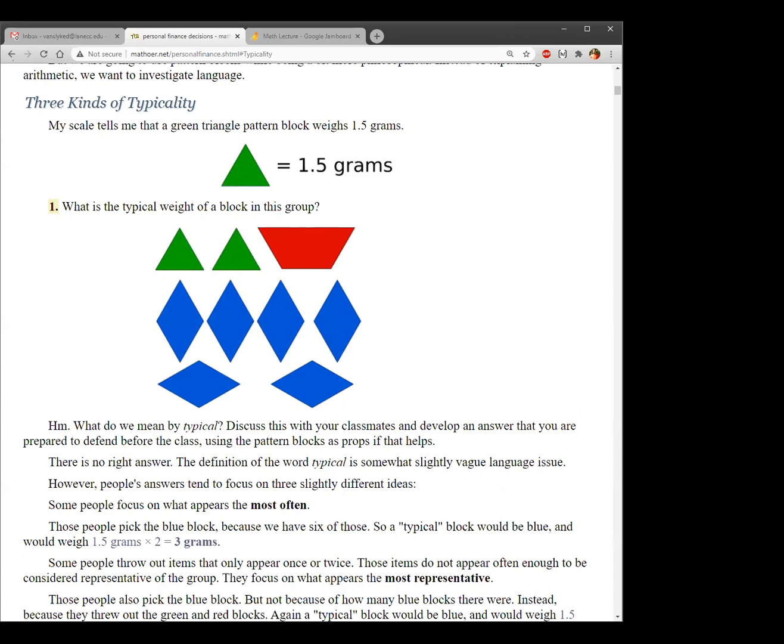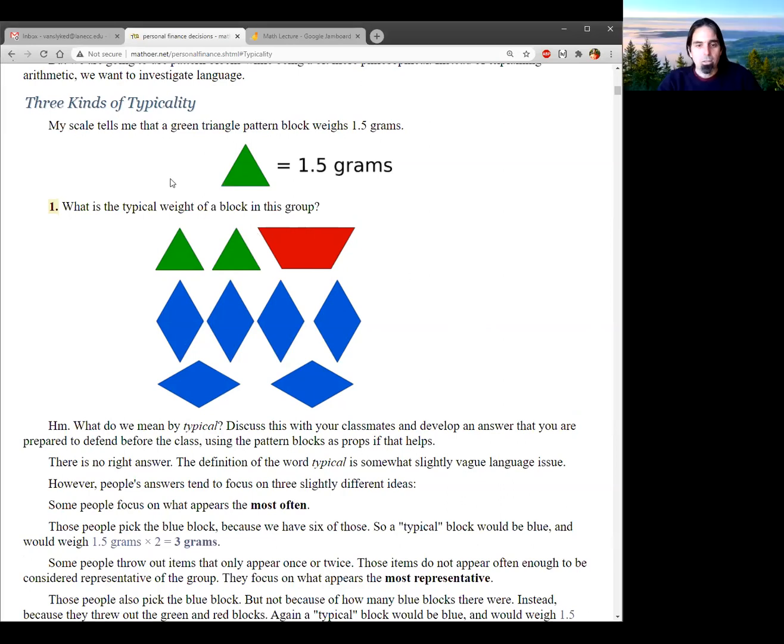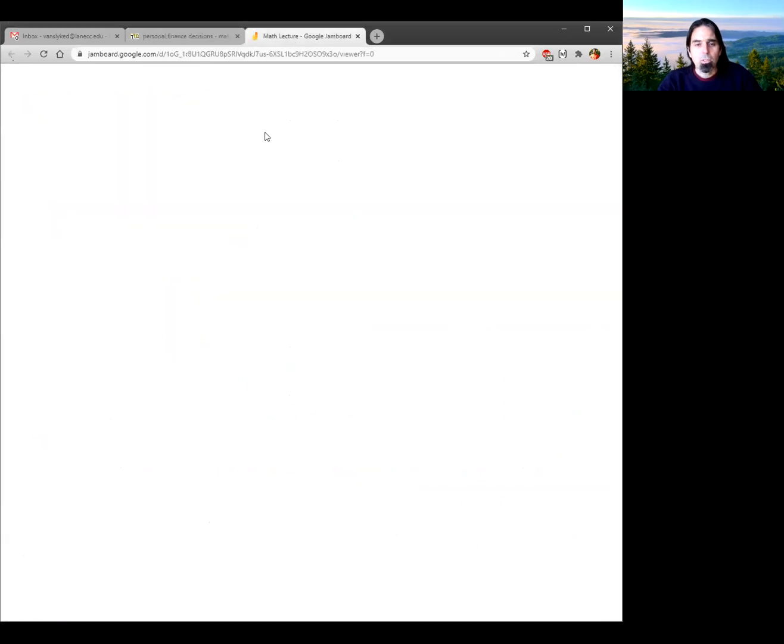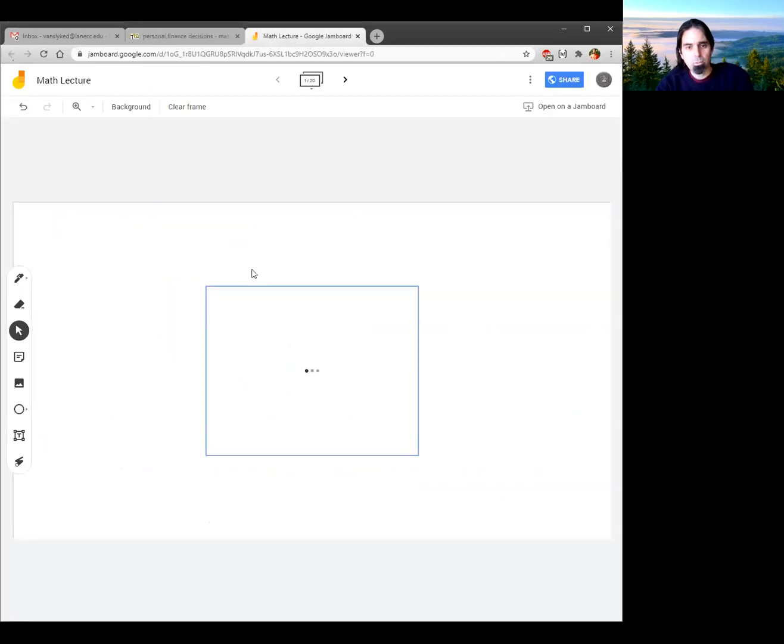Wouldn't it just be 1.5 times all, like the triangles? We could do that. So let me grab this and move it to the whiteboard.